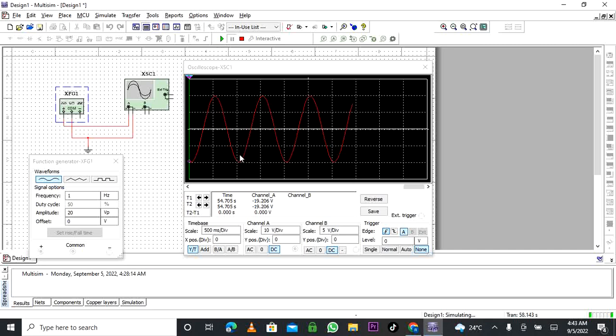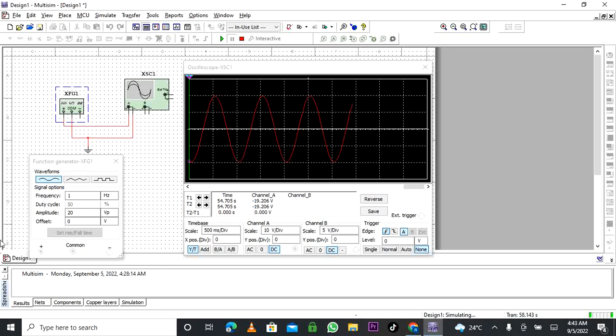But that's what this number is. Just keep that in mind when you're setting this number. This number is essentially double in terms of peak to peak voltage, from the low to the high. Like 20 volts, or double what you have in this amplitude box.